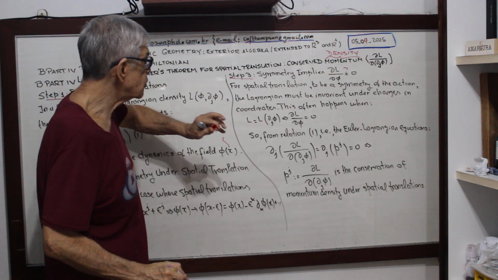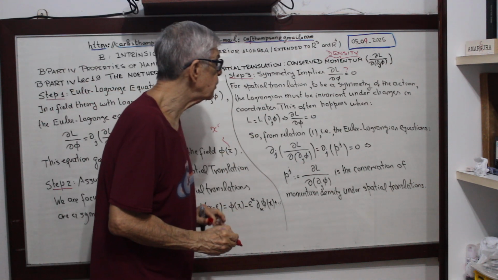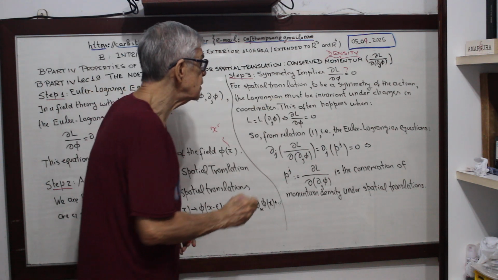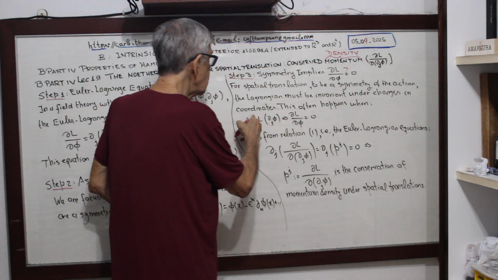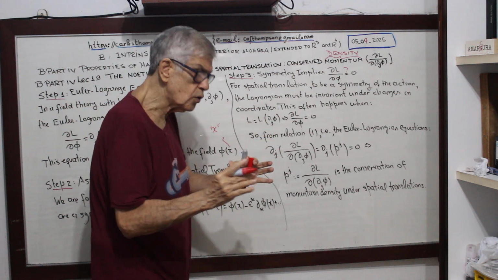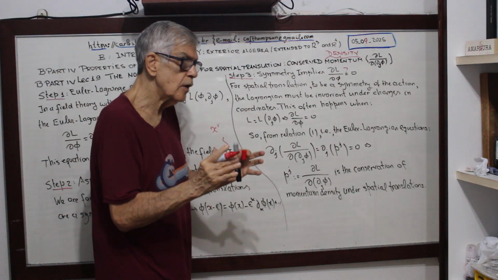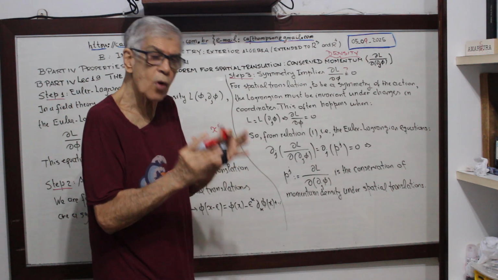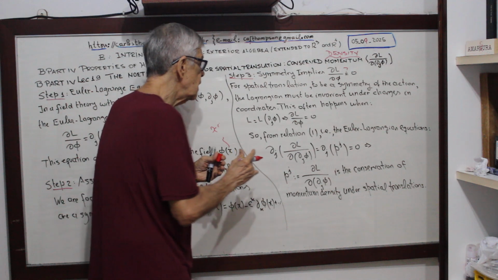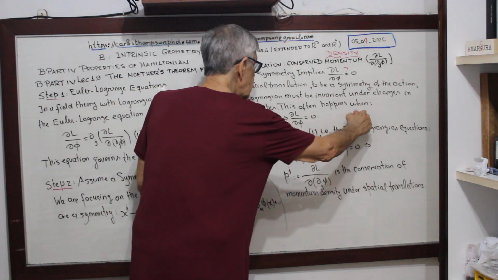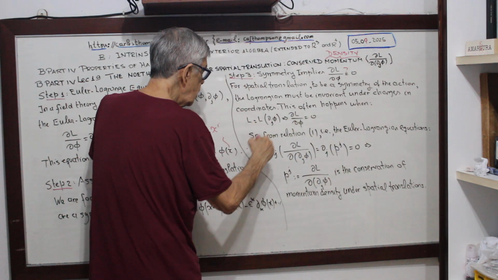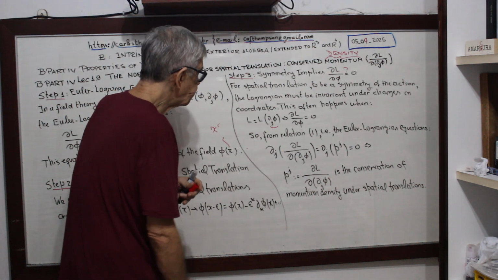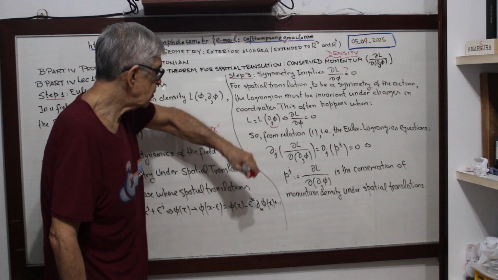So, for spatial translation to be a symmetry of the action, the Lagrangian must be invariant under change in the coordinates. If you change coordinates, the Lagrangian remains the same. That's what we call a symmetry of the Lagrangian. This often happens when L is a function only of this derivative over here, okay?